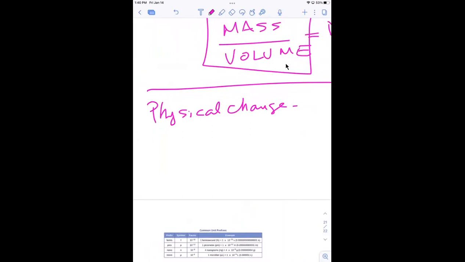Well, we just mentioned that smell is chemical, but sometimes a physical change may produce an odor. A physical change happens when you take matter and change its state or form without changing its chemical composition. So it's a change in the state of matter, solid, liquid, or gas.